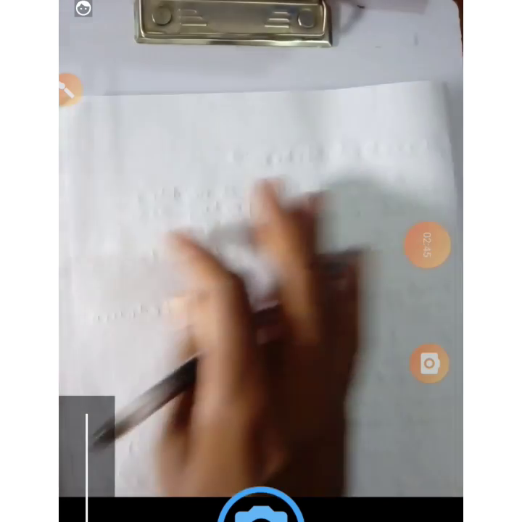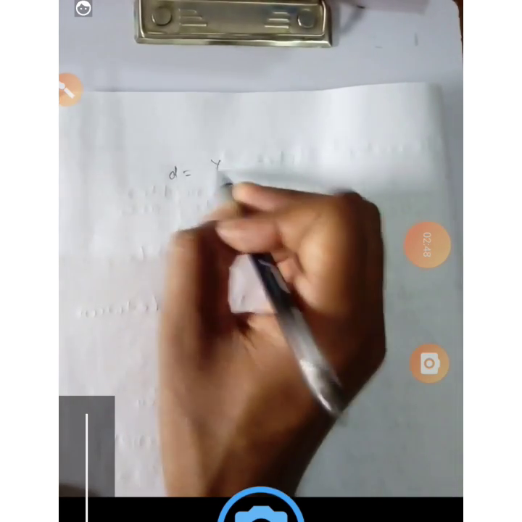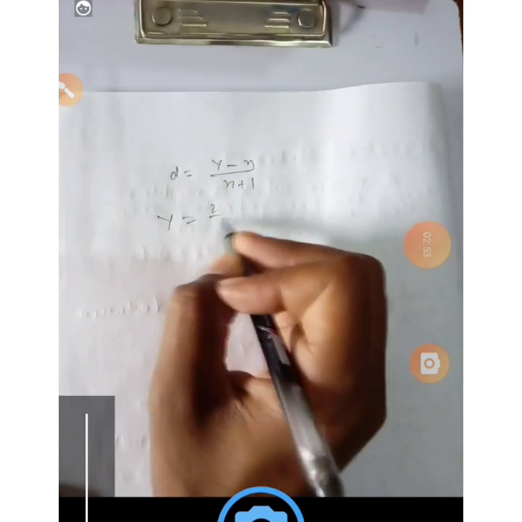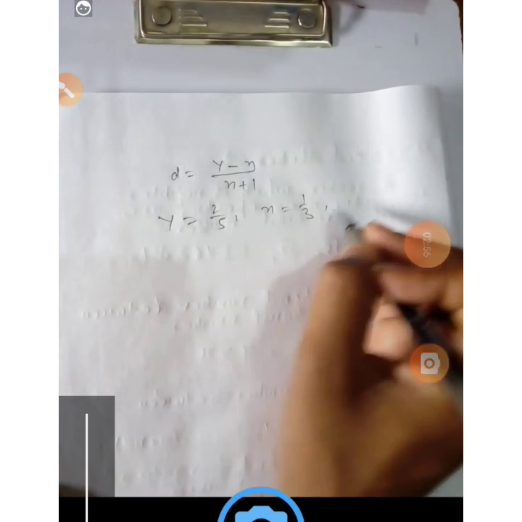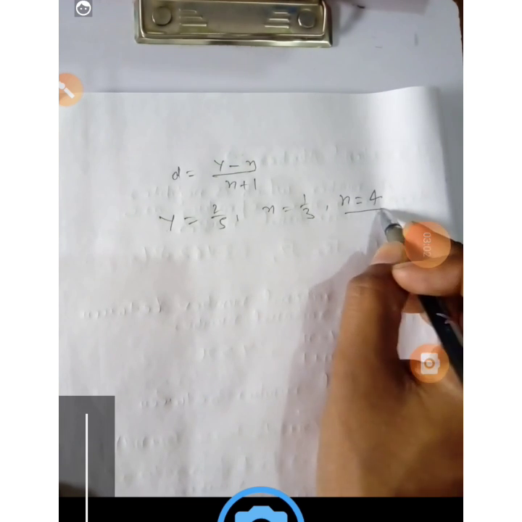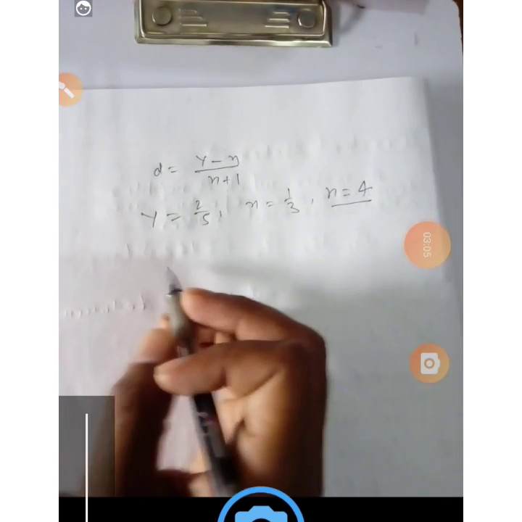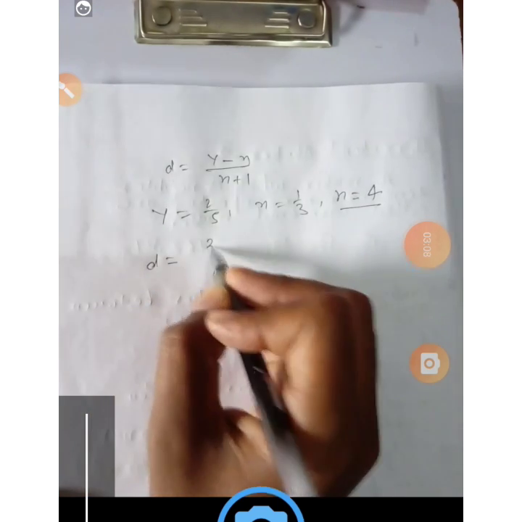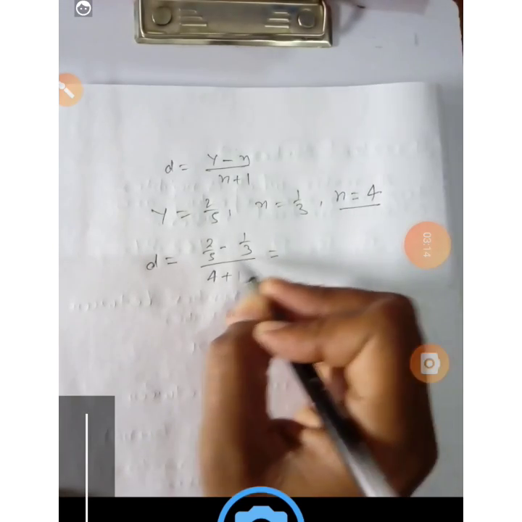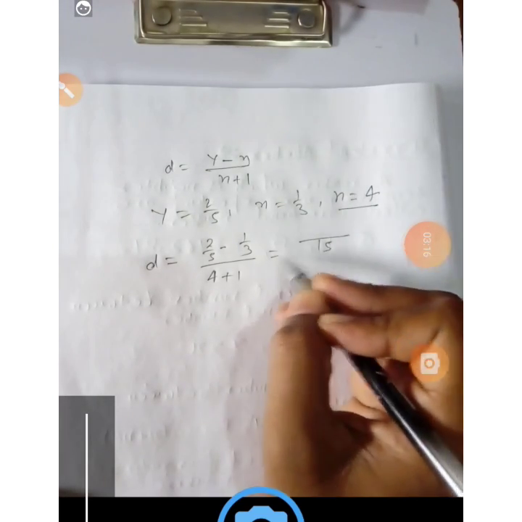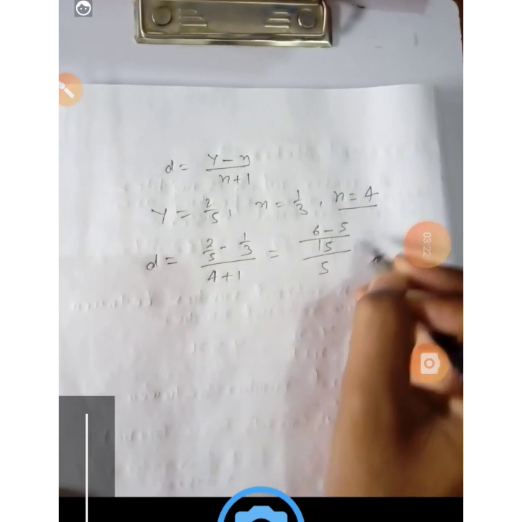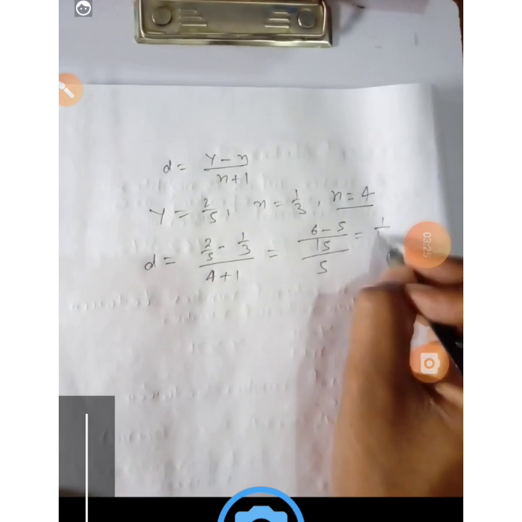Use the formula D is equal to y minus x by n plus 1. Here the value of y is 2 by 5 and the value of x is 1 by 3, and n is the number of rational numbers we want to find between the two. So D is equal to 2 by 5 minus 1 by 3 by 4 plus 1, and here we take the LCM of both numbers, which is 15, so 6 minus 5 by 15, that is 1 by 15 by 5.